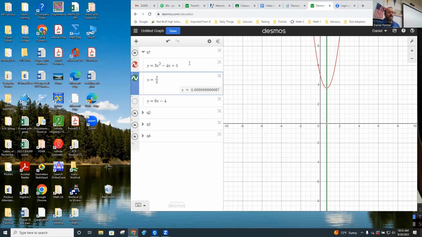Now look at what happens. To the left of that vertex, the function is decreasing, so its slope is negative, and to the right, it is increasing, so its slope is positive. So I went ahead and I graphed its derivative here, and what you'll notice is the portion to the left of 2/3 has a negative derivative. Now notice its slope is positive, but you don't want the slope of this one.